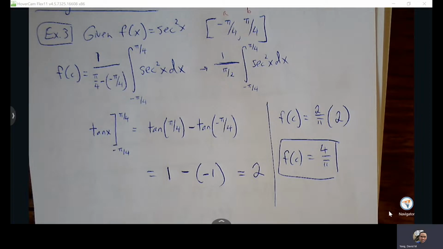Okay, so let's do one more, and let's do a problem where it's like a PVA or particle motion problem, where I'm going to ask you to go from acceleration all the way up to position.